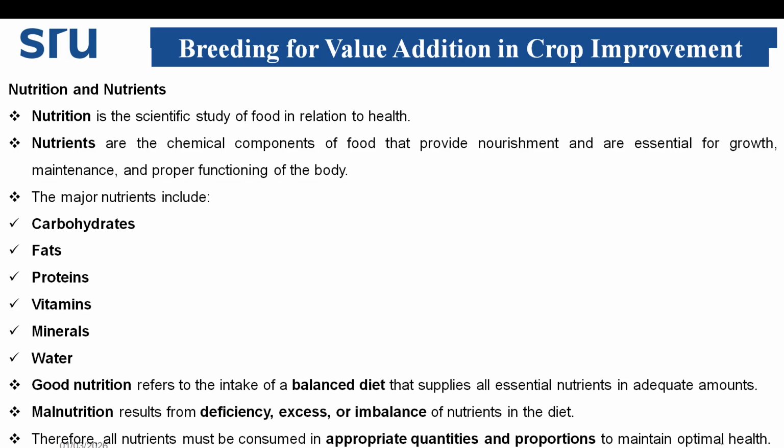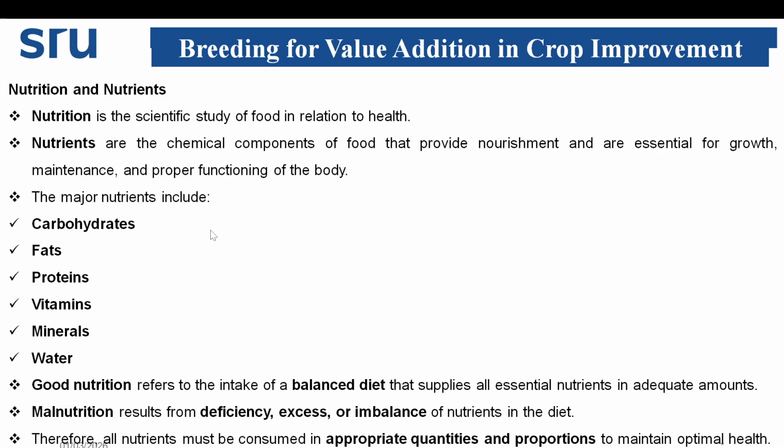Then next topic, that is nutrition and nutrients. So nutrition is the scientific study of food in relation to health. Nutrients are the chemical components of food that provide nourishment and are essential for growth, maintenance and proper functioning of the body.